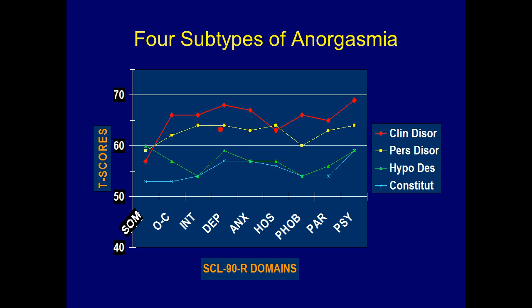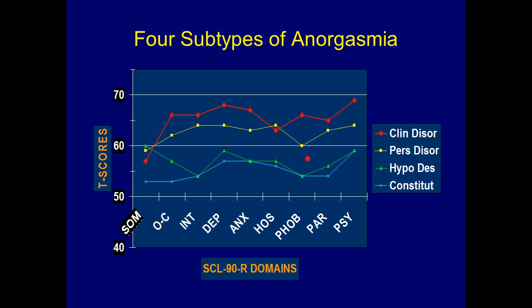The yellow we identified as personality disorders, in large measure because there were 16 people in this group, and 11 of them had been diagnosed with histrionic personality disorder.